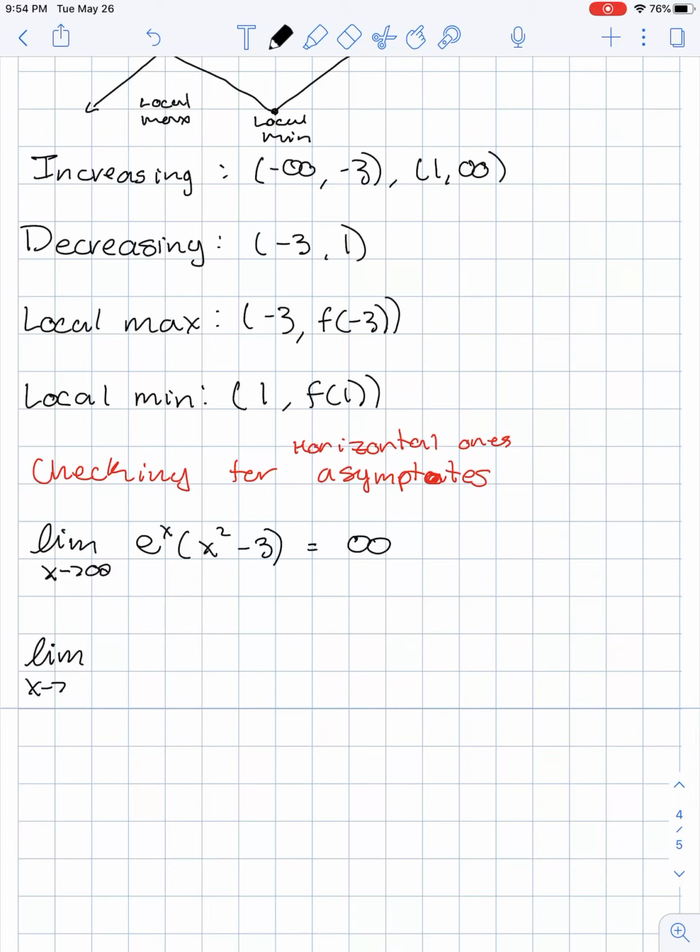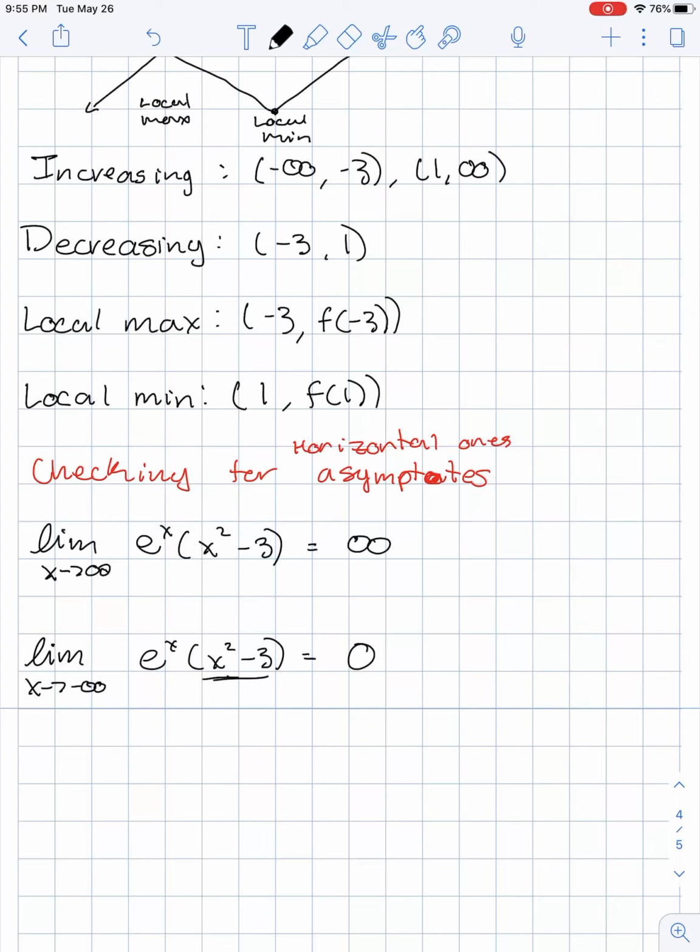What about the limit as x goes to negative infinity? Alrighty, so I know that e to the x as x goes to negative infinity is going to go to 0. And exponential functions grow a lot faster than power functions.